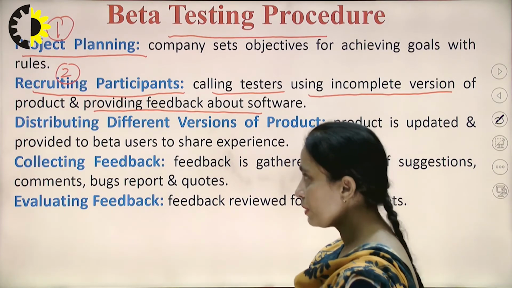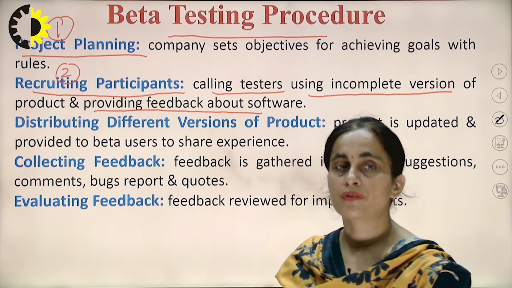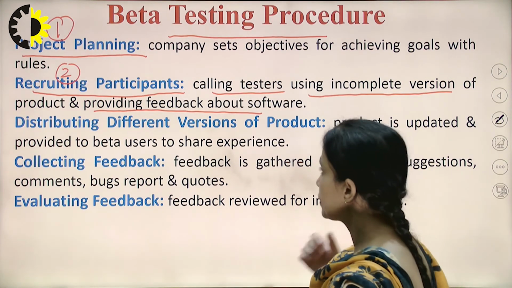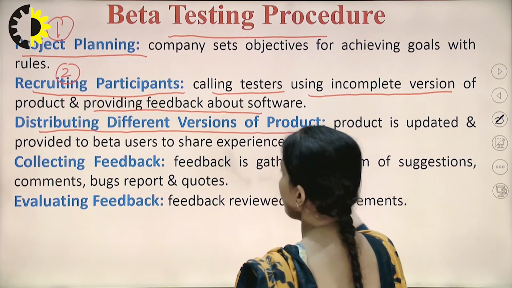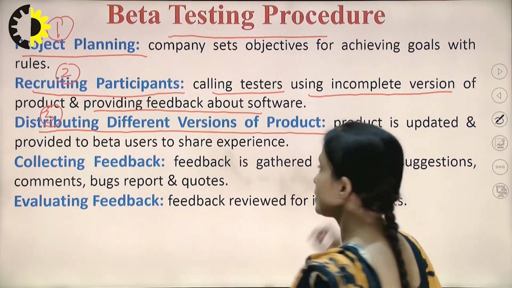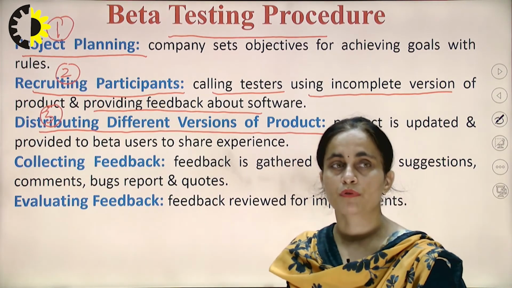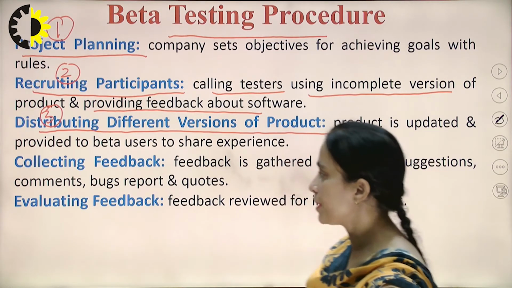Then when we have made a testing team, meaning we have collected the different users, third is distributing the different versions of the product. The product is updated and provided to the beta users to share their experience.